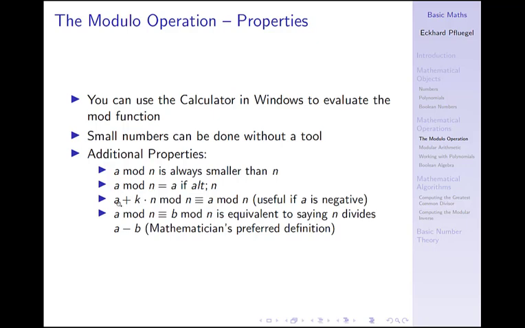So if a is -1, imagine you say -1 plus 5. So k would be 1. So -1 plus 5 is 4. Okay, so now this rule tells us that -1 mod 5, which is what you wanted to compute originally, is the same as 4 mod 5.